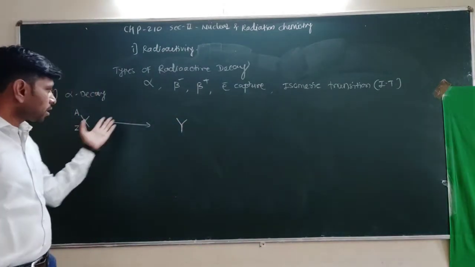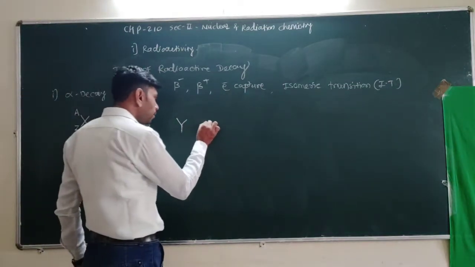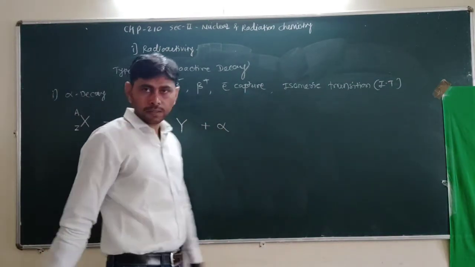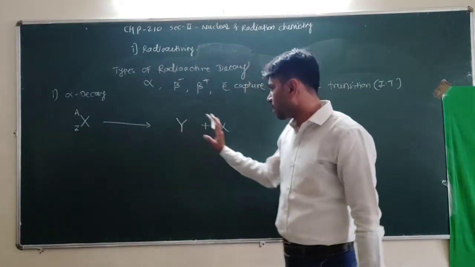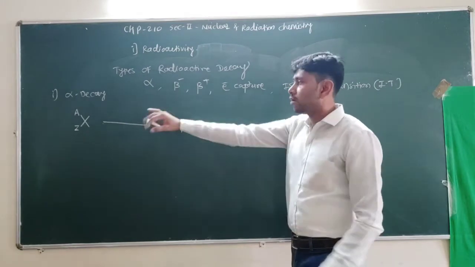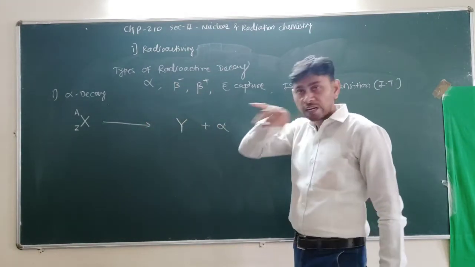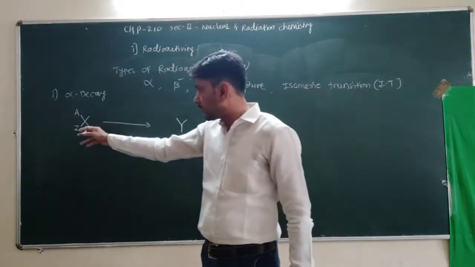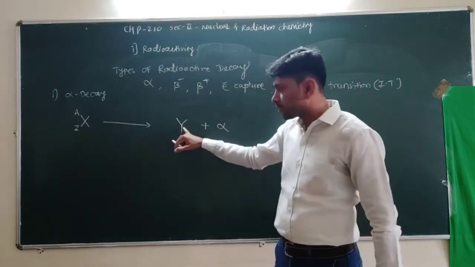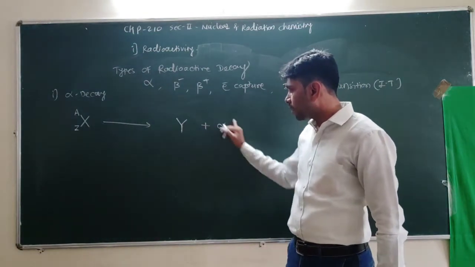So X is transformed into Y, emitting in the process what? They emit an alpha particle. Here in this case, they emit an alpha particle. So what changes when an alpha particle is emitted by the nucleus X undergoing nuclear transformation? It is converted into Y, a different element, and an alpha particle is emitted.